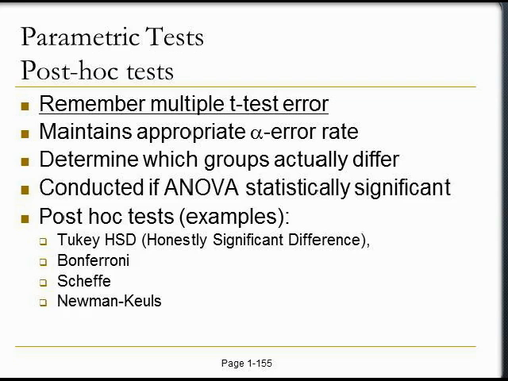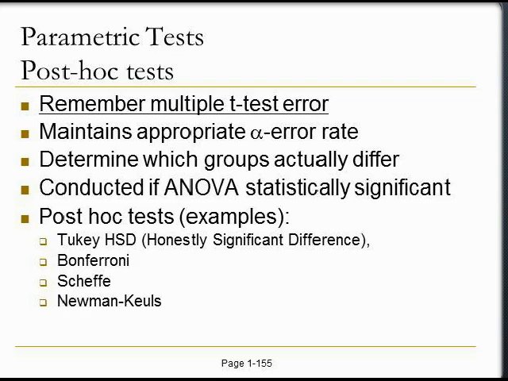If we want to figure out which differ, the most commonly employed technique, at least in the biomedical literature, is to use post hoc tests. And there are 4 of them that are shown. The Tukey honestly significant difference test is basically using a t-test within the structure of the ANOVA.